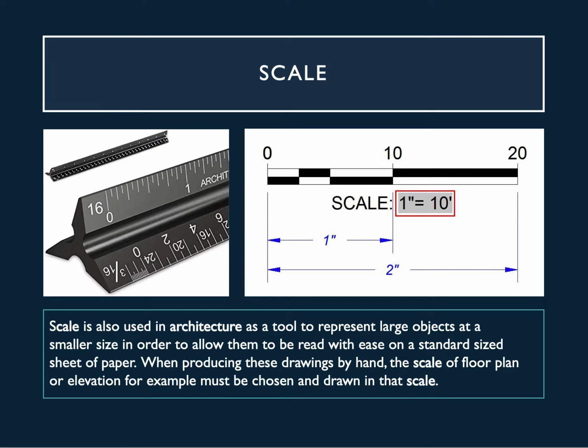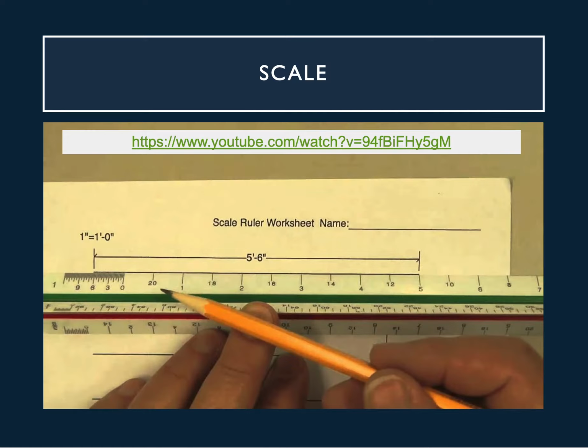I think I have a video in here to link to that shows you how to use a scale. When we start producing drawings, we work with a scale so that we're doing a miniature version of our design, so that we're designing it correctly. Yeah, there we go. There's a video right here that you can watch that shows you how to use an architectural scale.